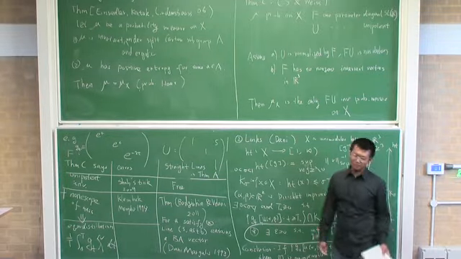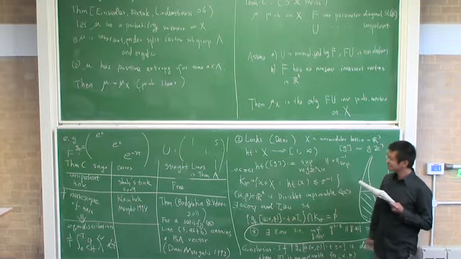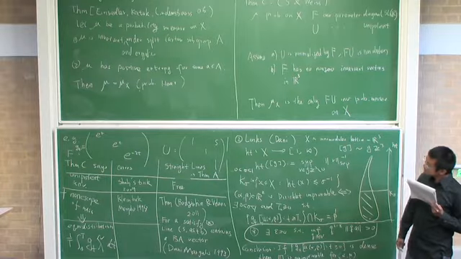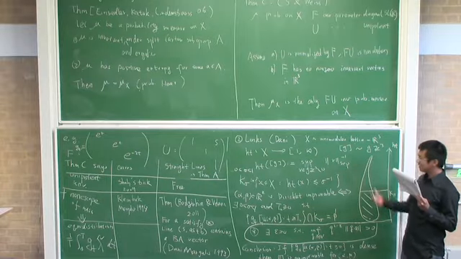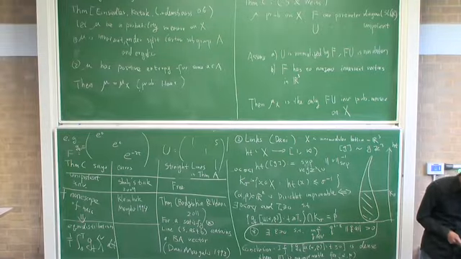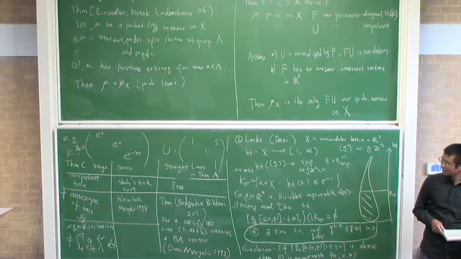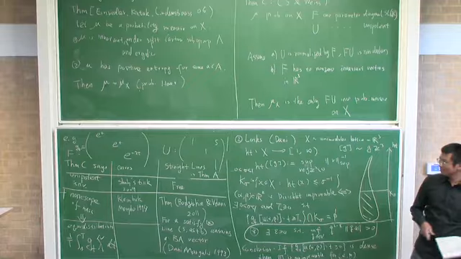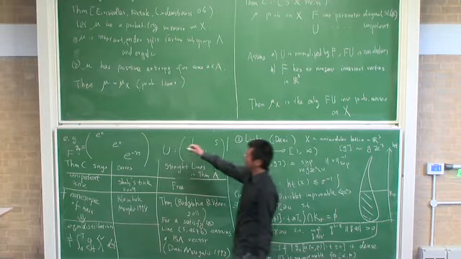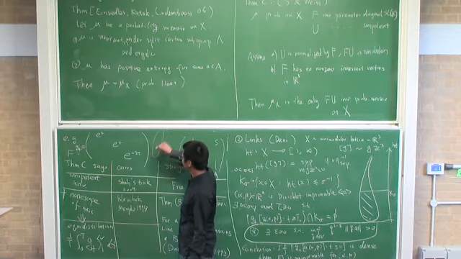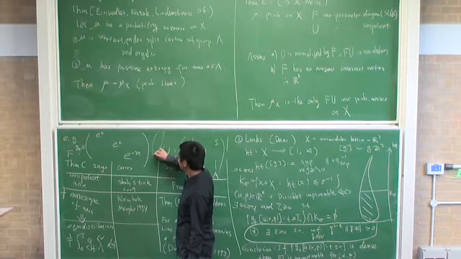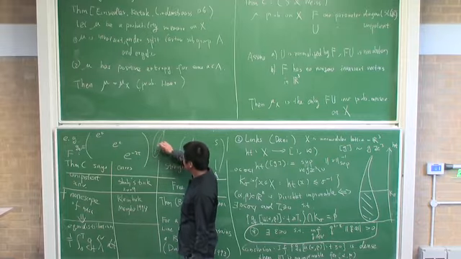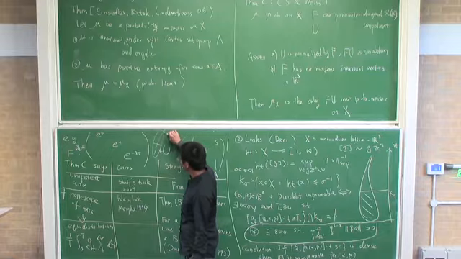I think Jinpeng will talk about it later. Okay, I'm done with this case. It means that for any compact subset, most of the unipotent trajectory from the compact subset will be in another compact subset K prime.